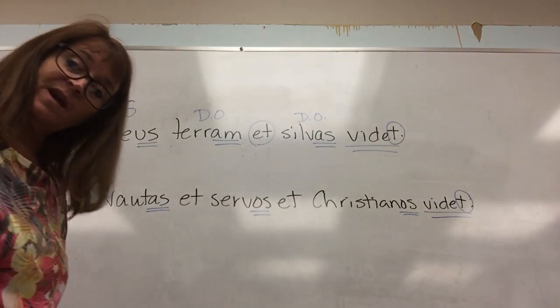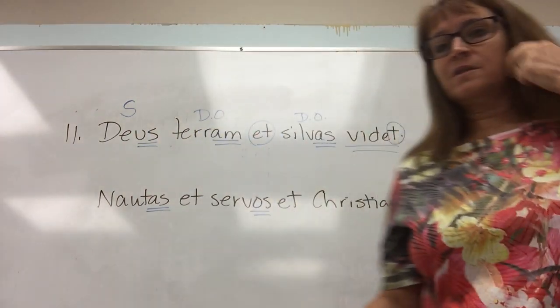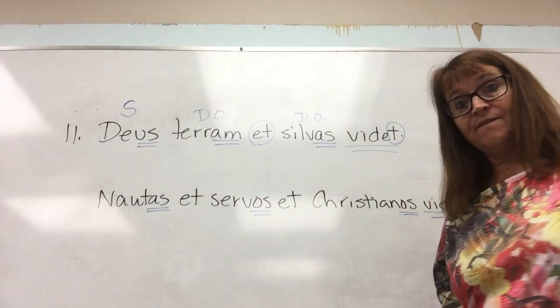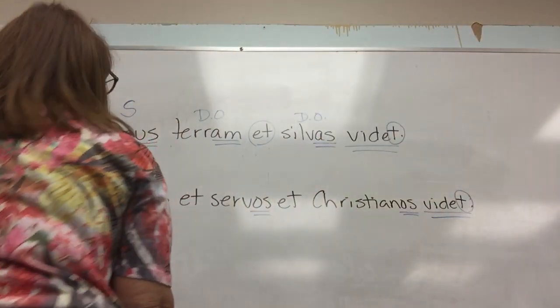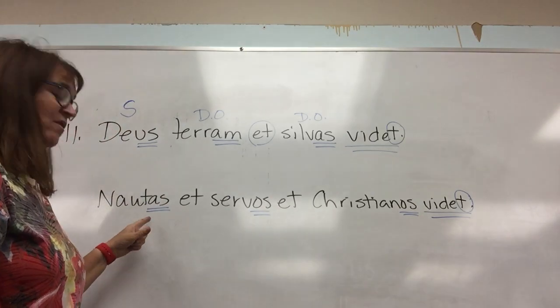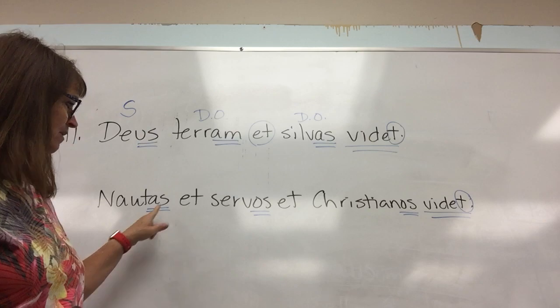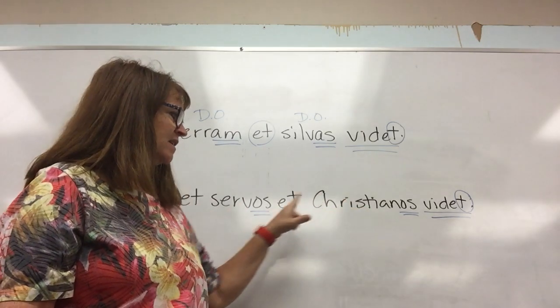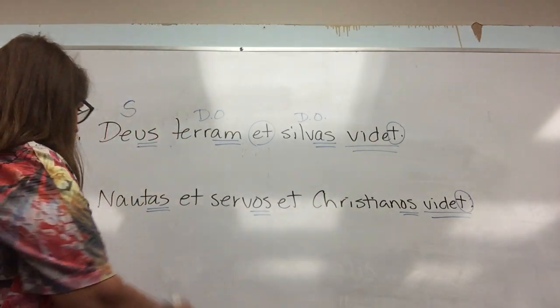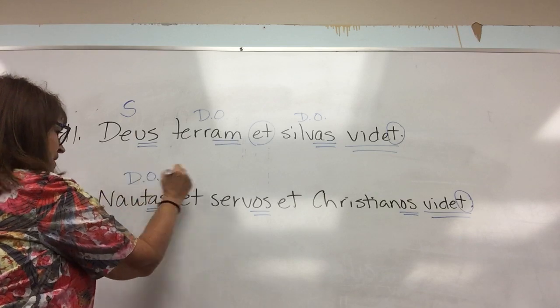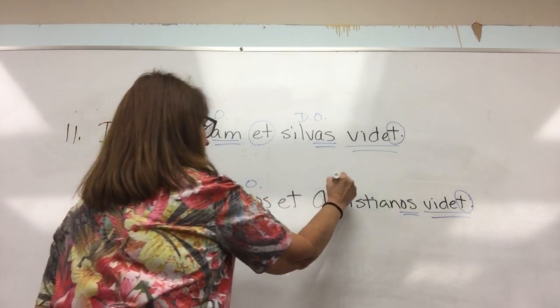Okay, and remember, you can't have a plural subject with a singular verb. Okay, so that's not going to work. Also, they're all in the accusative case. This is first declension accusative plural, and these are second declension accusative plurals. So you have 3 direct objects.